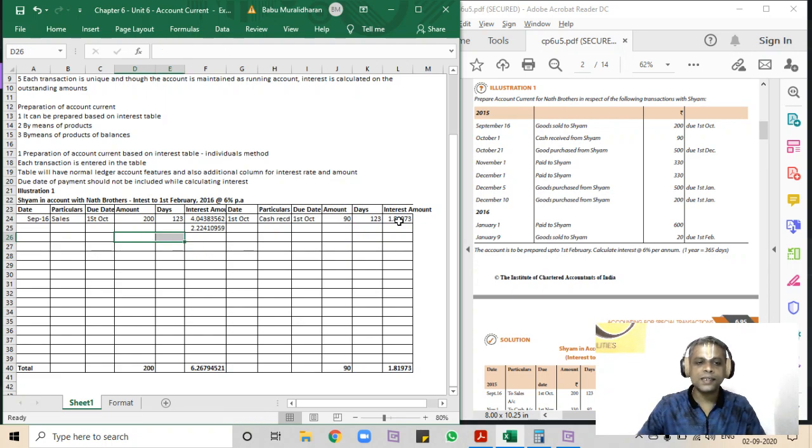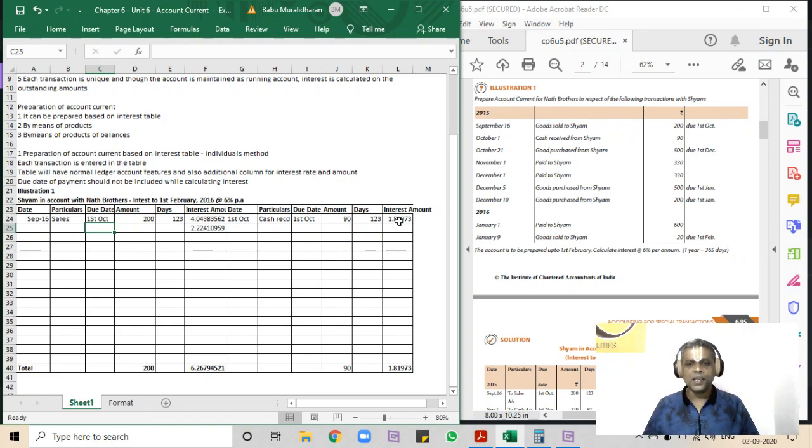So why we are putting it separately is it is a running account. Students have to understand it is a running account. So the account current mentions that unless the total amount is settled, there can be ad hoc payments that will happen where the invoice number will not be mentioned. So the interest has to be calculated for the whole sum. See, why this particular type of account is not prevalent is because of this ad hoc amount concept.